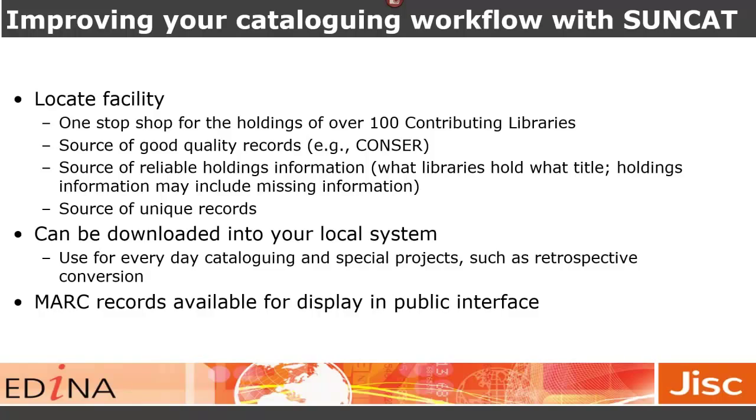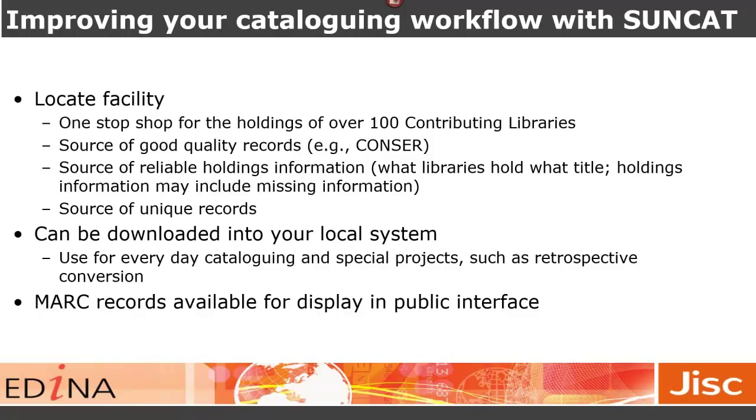And basically SUNCAT contains, as I said earlier, the serials records of over 100 contributing libraries, as well as CONSER and the DOAJ, and all of these are visible on the public access view of SUNCAT. It's much easier for identifying runs held by libraries rather than having to search individual catalogues.